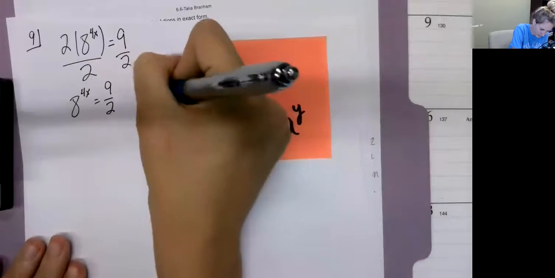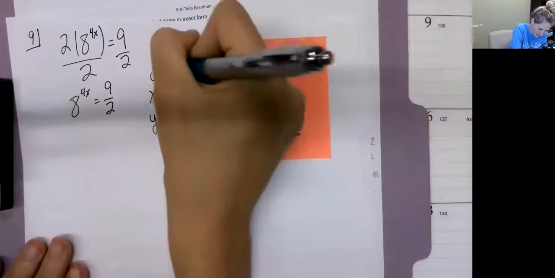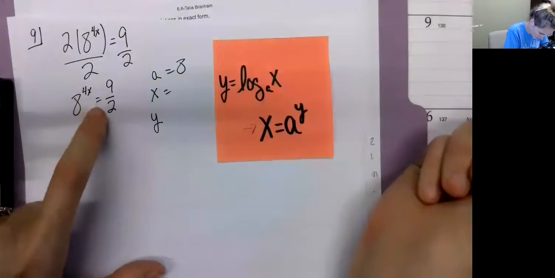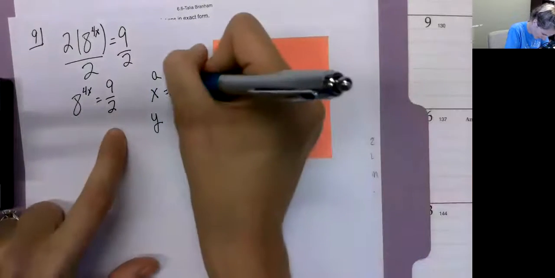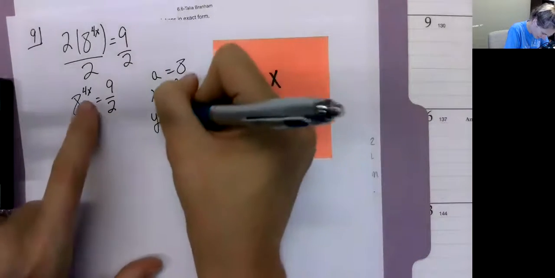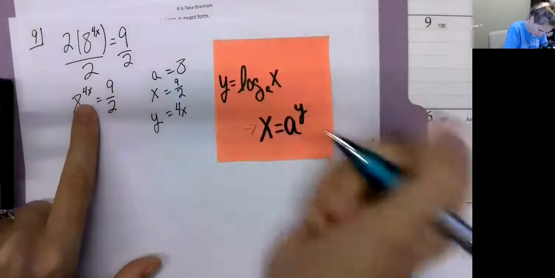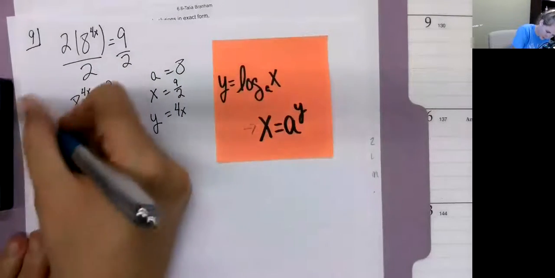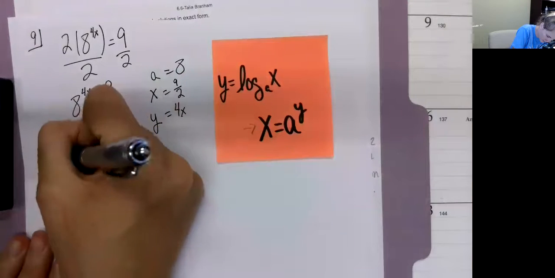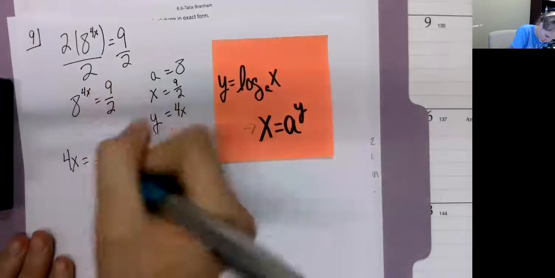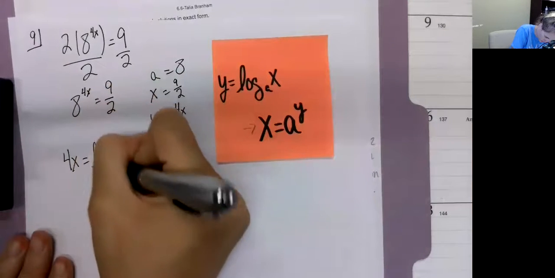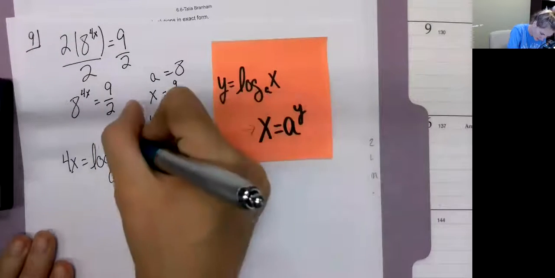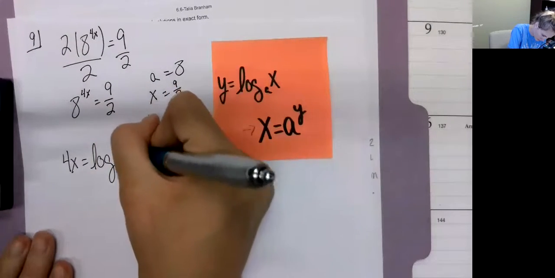Now with this, I can have my x and y. My a is 8, my x is 9 halves, and my y would be 4x. Then rewriting it, I'd have y, 4x, equals the logarithm of my base, which is 8, of 9 halves.